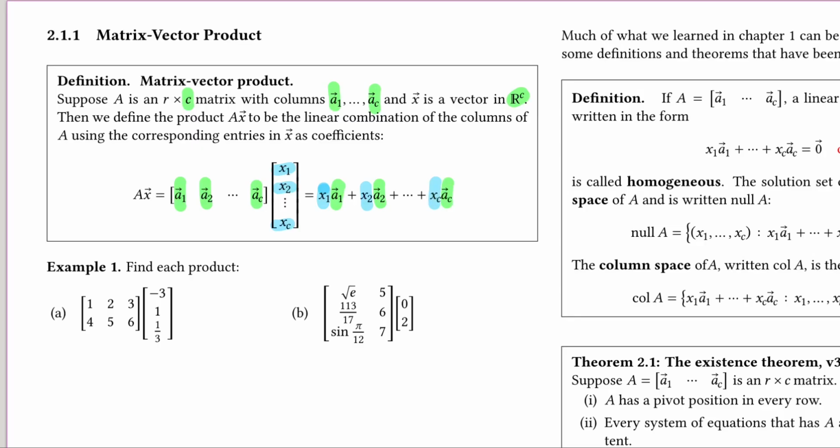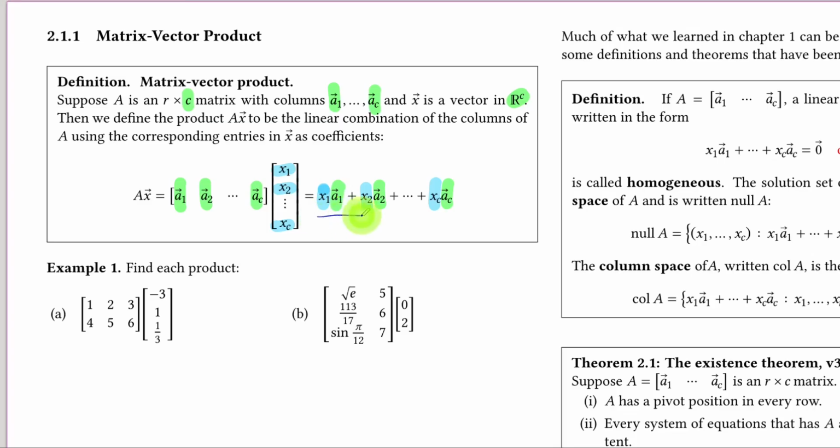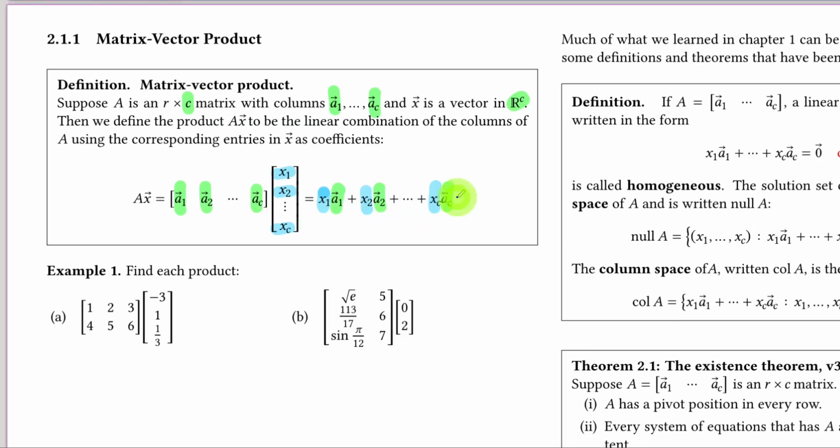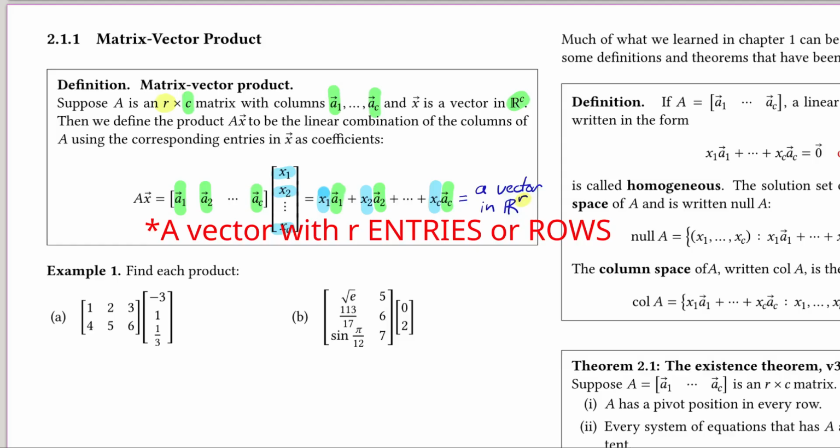And what you get is a vector, because a linear combination of vectors is always a vector, in R^R. In other words, a vector with R entries in it, because each of the columns of A has R entries in it, because that's how many rows of A there are. When you combine them, you get a vector with R entries.